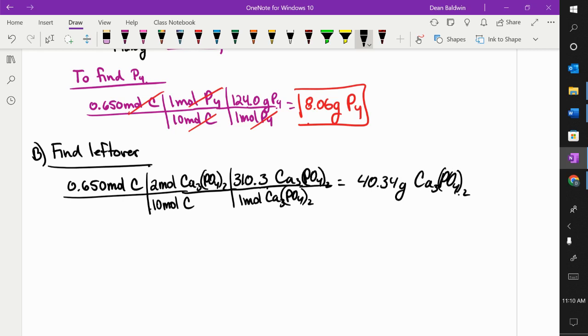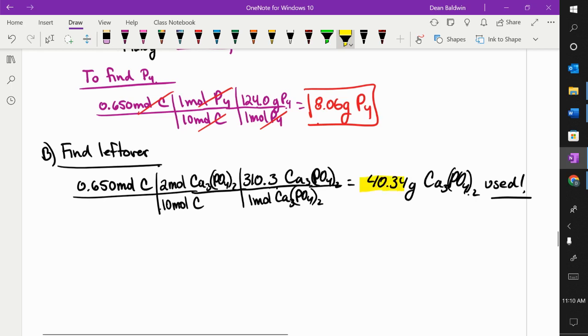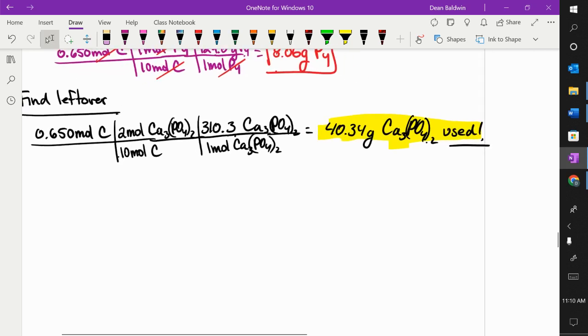That's what was used. Okay. Yeah, it should be 3 sig figs. We'll round at the end. But you're right, it should be 3. 40.3.